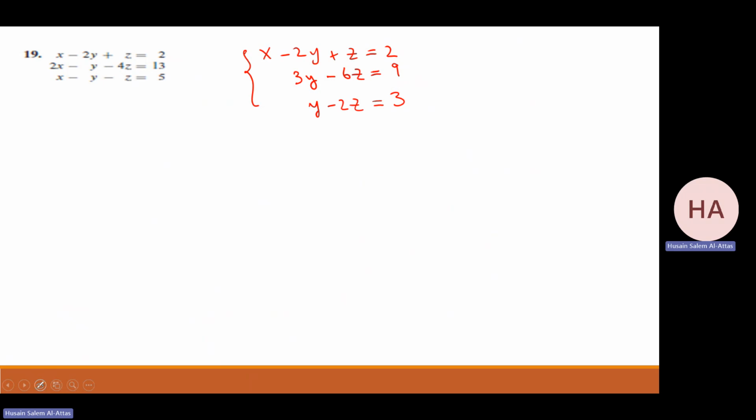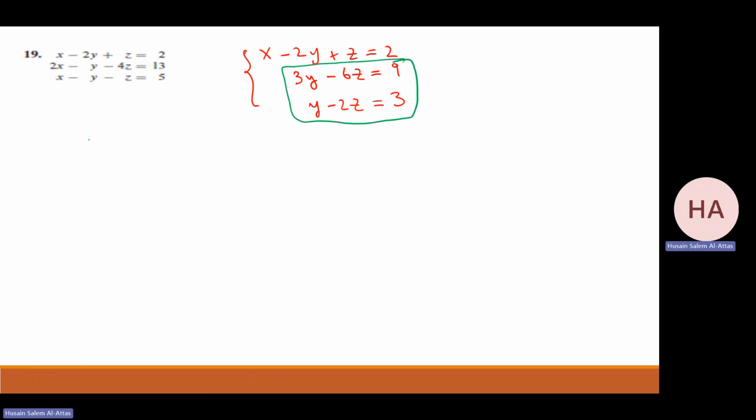Now what I will try to do is solve these two equations, because I have two equations and two unknowns. It will be easier since I eliminated x. If you look at these equations, I can divide the first equation by 3.